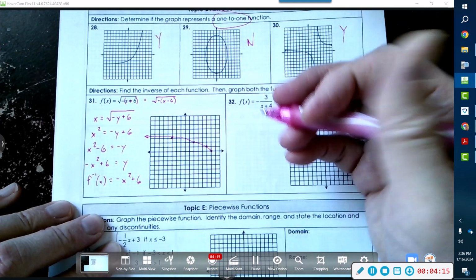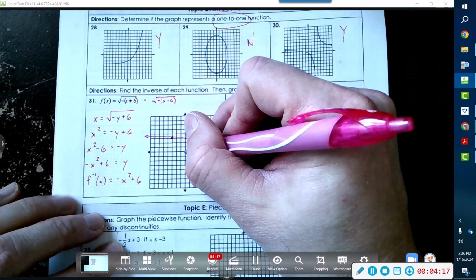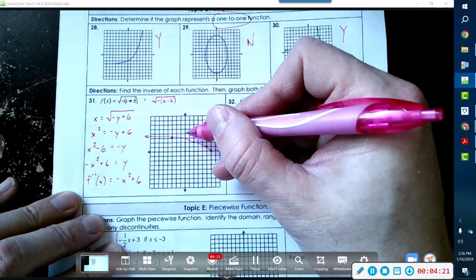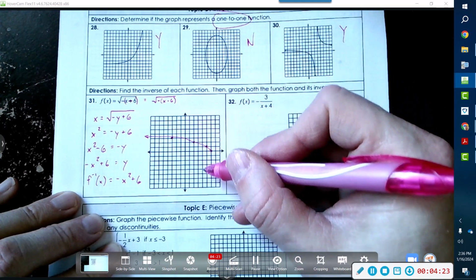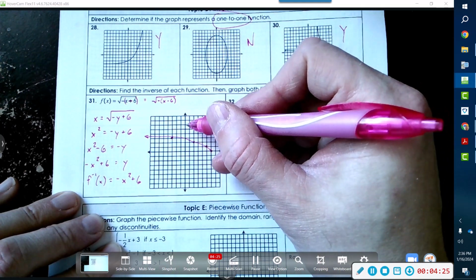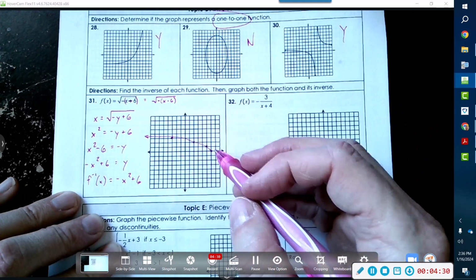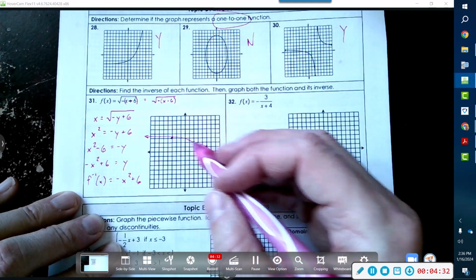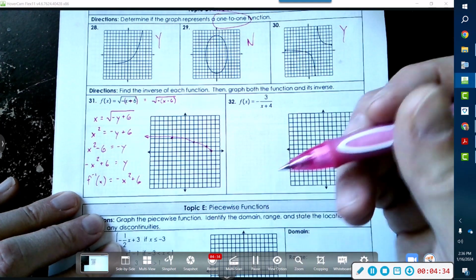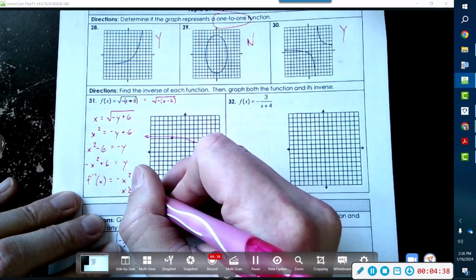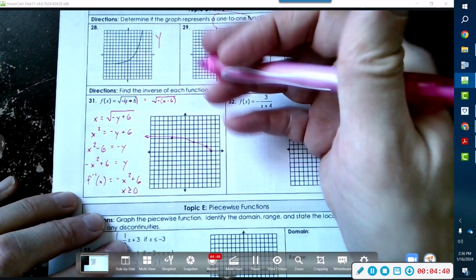I need to have the part that is going to reflect on this guy right here. I can only have this piece that is greater than 0. This other piece, it will not reflect to this guy because we only have one piece of the quadratic in order to be a function, okay? So we need the part that is greater than or equal to 0, okay?